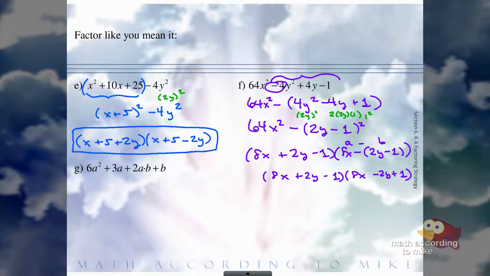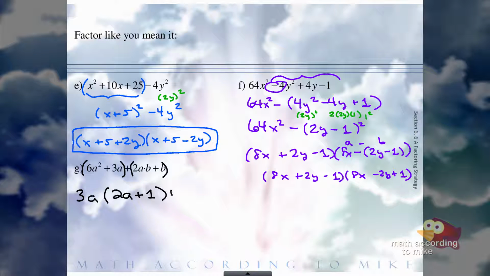For part G, we have 4 terms yet again, but good news, normal factoring by grouping works. So if I group the first two and the last two, from the first group, we can pull out a 3a, and we would be left with 2a plus 1.